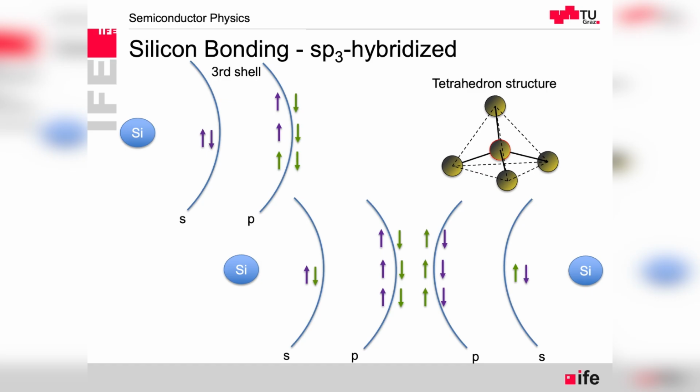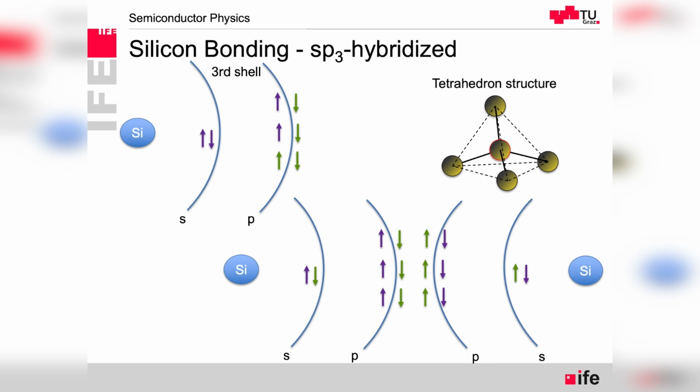And what happens here is that all 4 of the electrons in the left-hand side and the right-hand side atom will be forming covalent bonding. In fact, not with the same atom. I should draw 4 atoms. But each electron forms covalent bonding, so they will all share the same spin for a single atom. And then we have the spin down from a different atom.